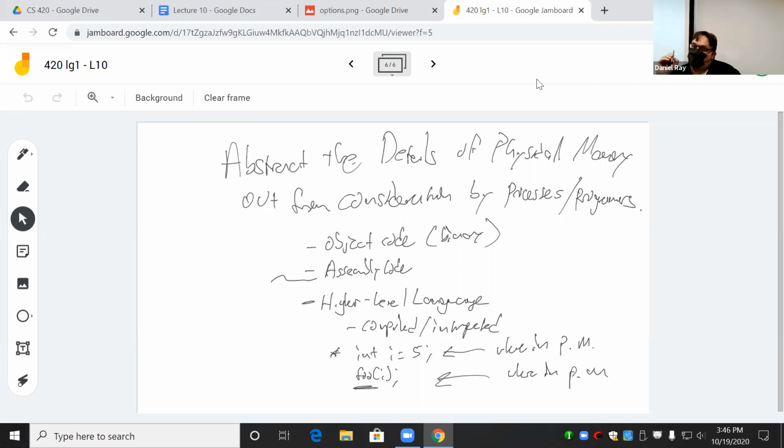Think about another possibility, though. Some people might argue or might think, hey, it's the compiler who's in charge of that, right? The compiler turns this into machine code, right? But the compiler does not care, does not need to know what the state of the program is when it lists the instructions, okay?